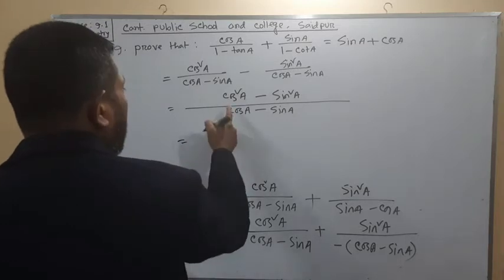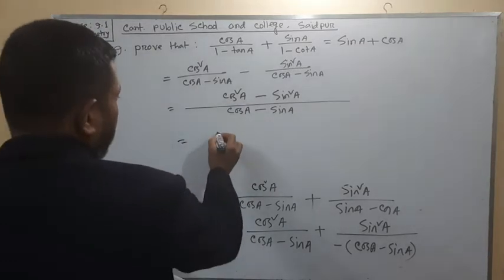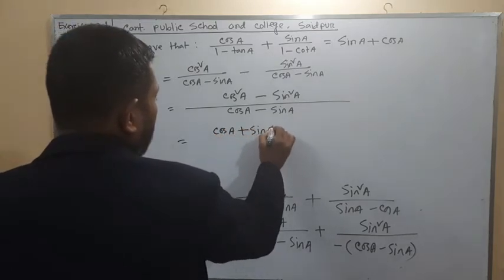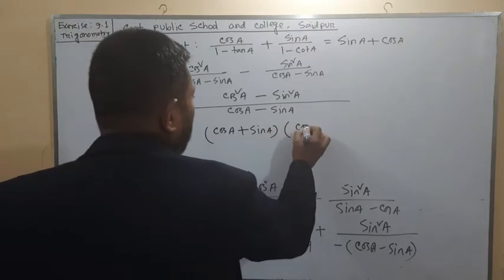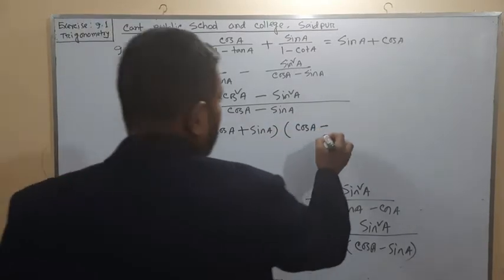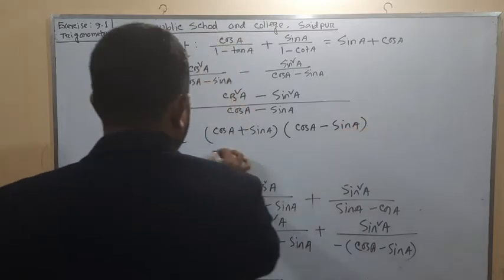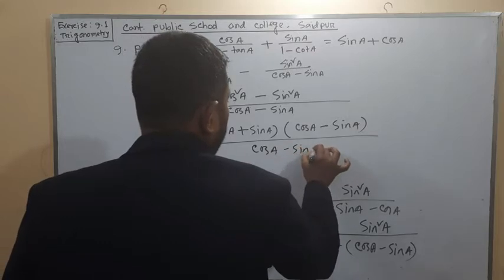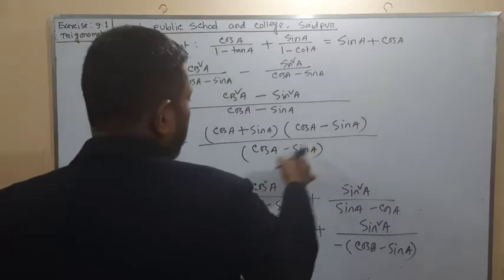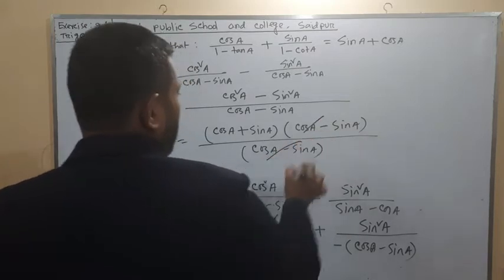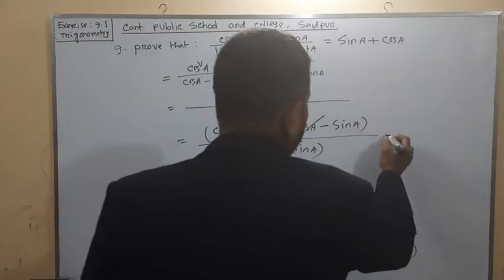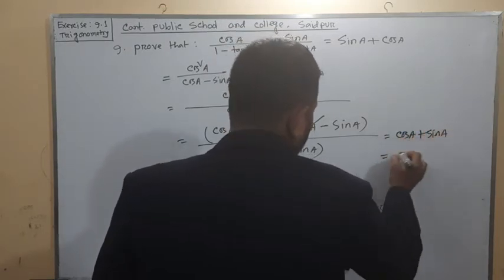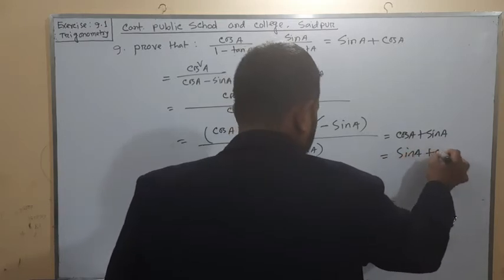We can write this as a plus b into a minus b, that is cos A plus sin A and cos A minus sin A divided by cos A minus sin A. Here cos A minus sin A and cos A minus sin A cut, then we get cos A plus sin A, or we can write sin A plus cos A.